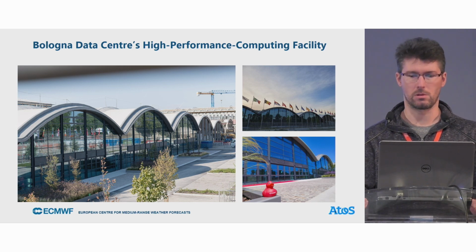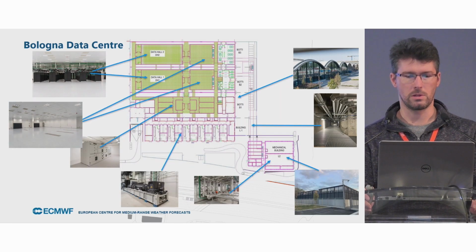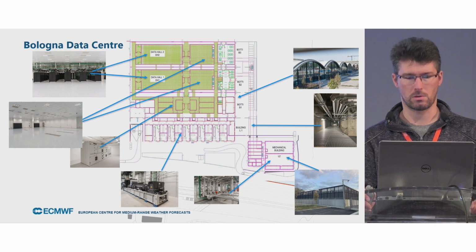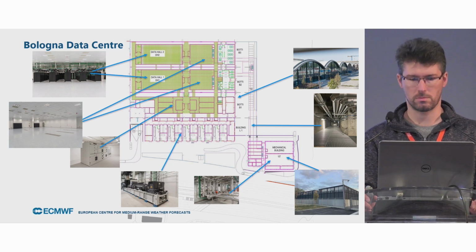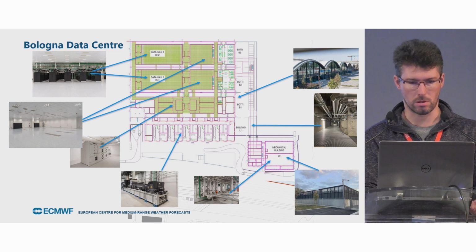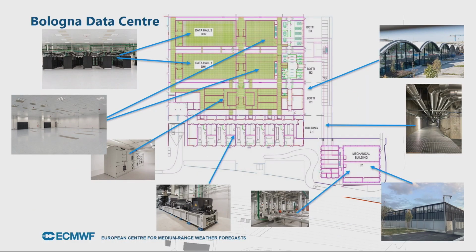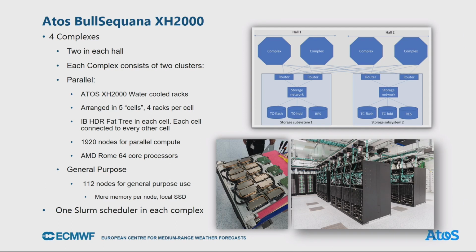You can see the center here. The facility is composed mainly of 2 data halls. Those are divided into what are called 4 complexes, where each complex includes 2 clusters.